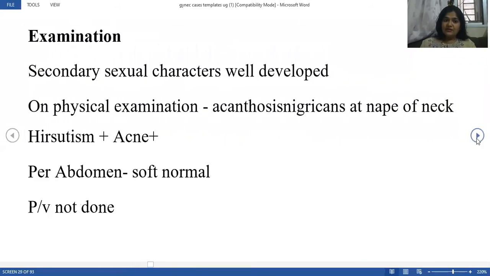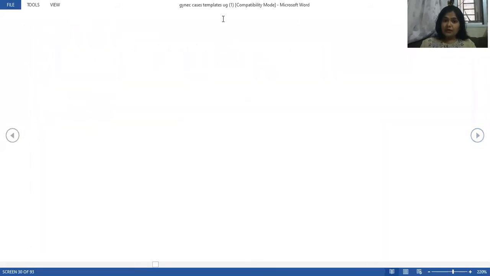Such cases are going to come in exams. So how do you proceed? They are going to ask you how you are going to manage this patient. The answer is: we would like to investigate her first, and treat according to the investigation reports once we reach a definitive diagnosis.